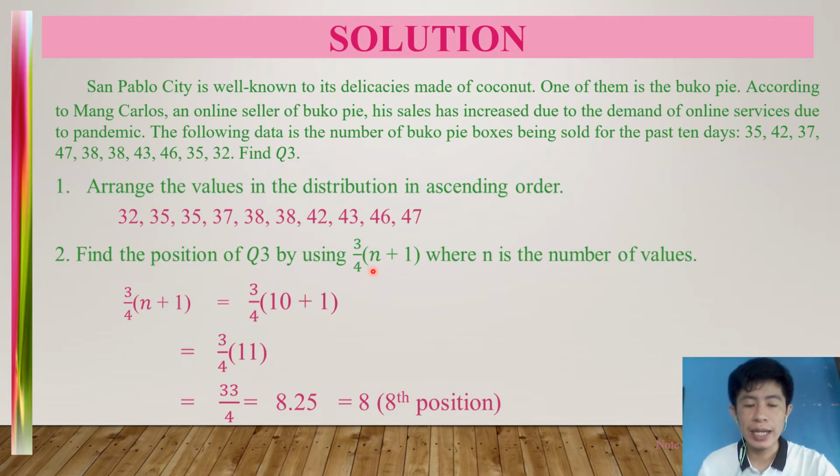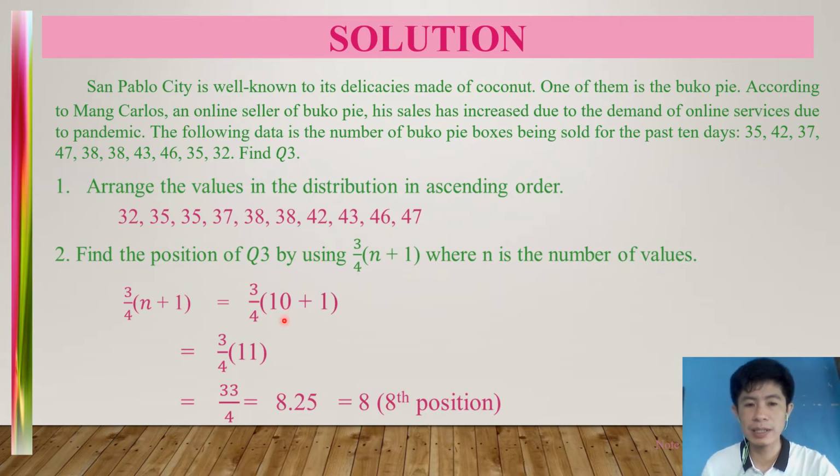To solve for n, we will just count these numbers. 1, 2, 3, 4, 5, 6, 7, 8, 9, 10. So we have 10 values. Therefore, the value of n is 10.